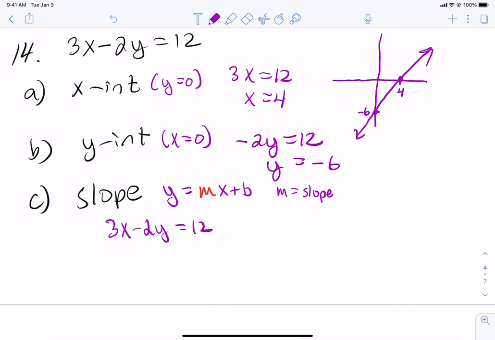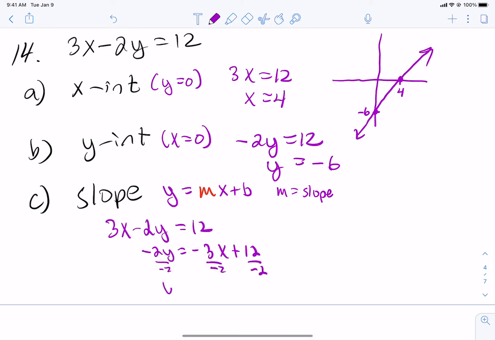So let's subtract the x to the other side. I put it first because we're used to the x coming first. It becomes a negative when it moves to the other side. And then we just have to divide everything through by negative 2.